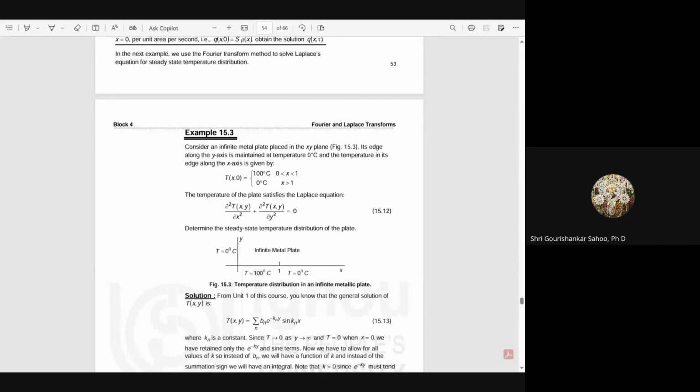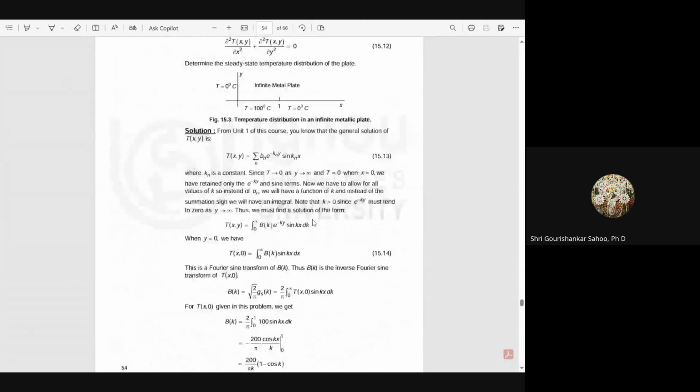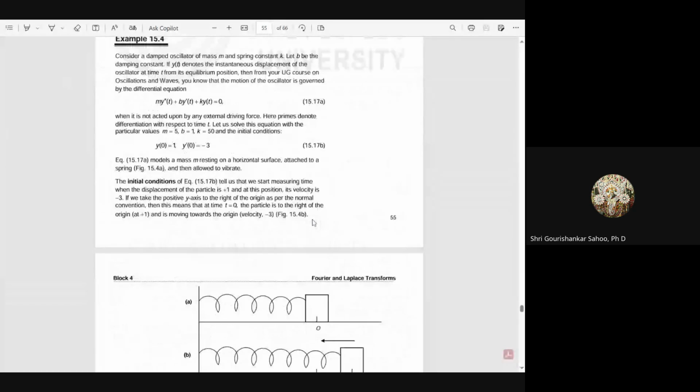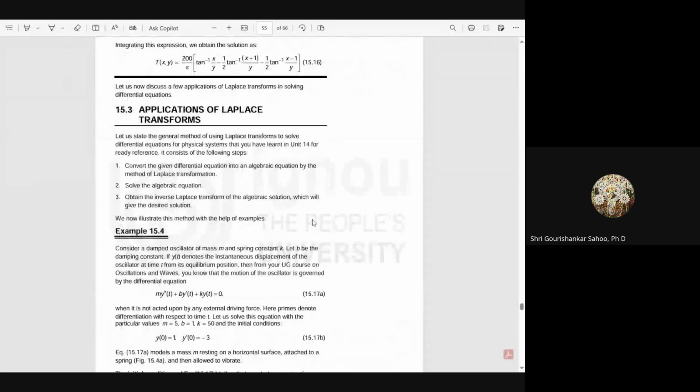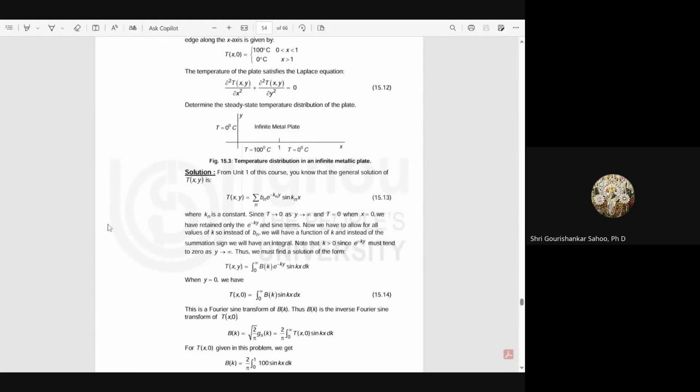Then an infinite metal plate is placed in the xy plane, as shown in figure 15.3. You can see here 15.2, 15.4, and this is 15.3.